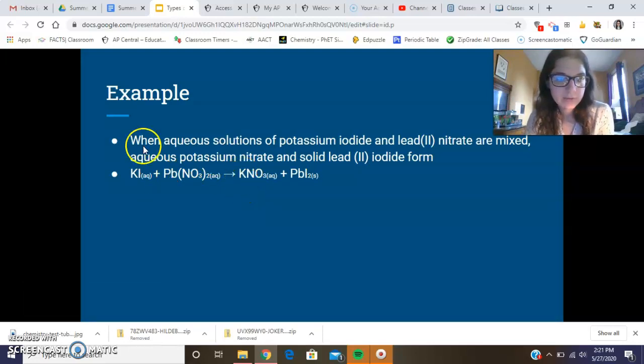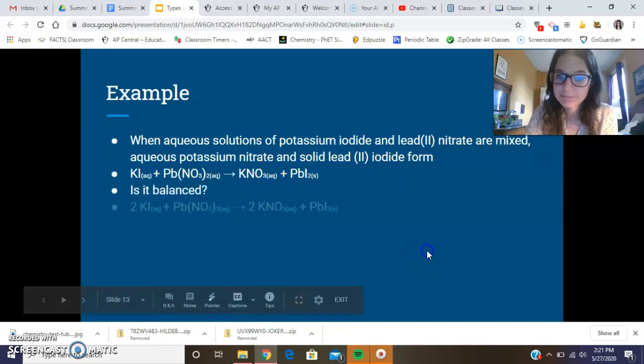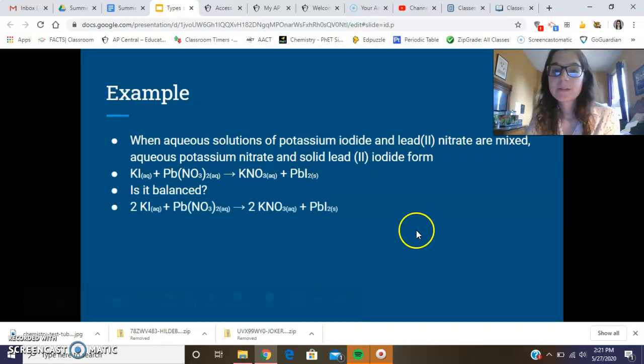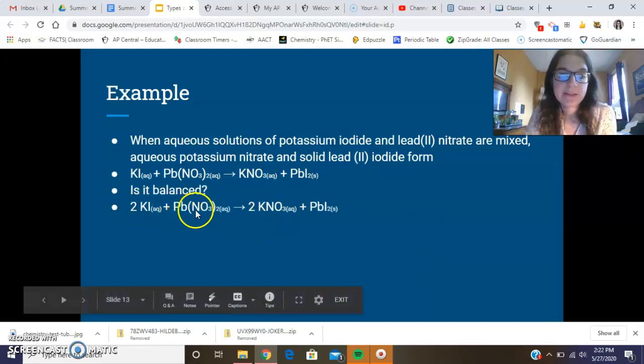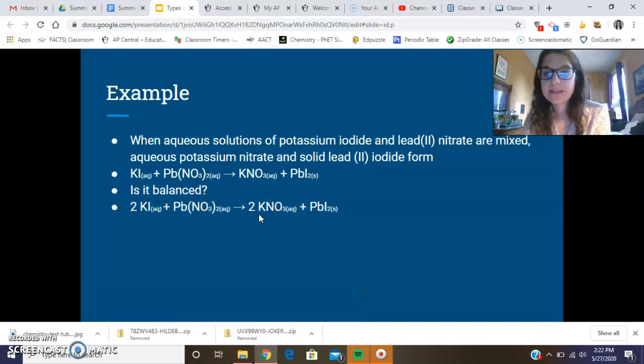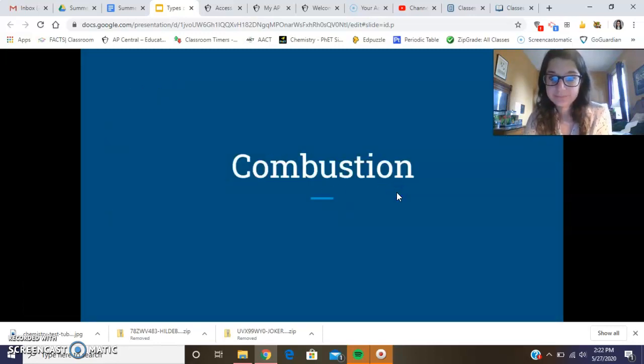Here we have 1 potassium on each side, but we have 2 iodine on the product side. So I'm going to add a 2 in front of this, which means I have to add a 2 in front of this to balance potassium, and that would also balance my nitrates. So here you can see that we have potassium and lead switching places, and they basically switch partners. That would be a double displacement or double replacement reaction.